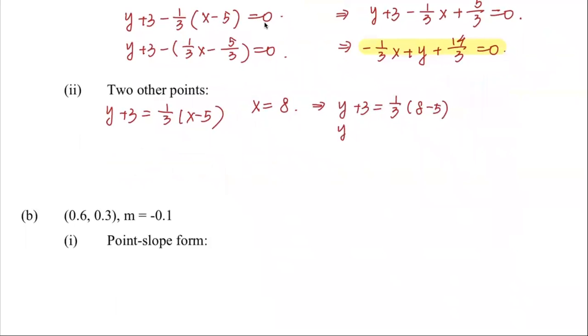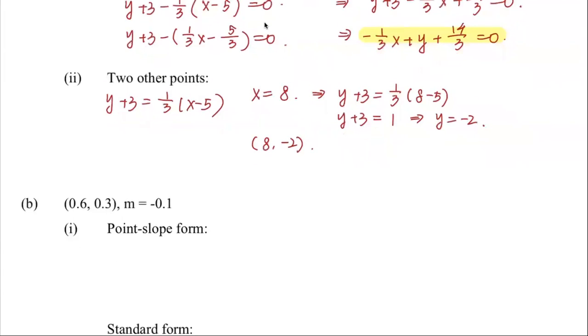So my y plus 3 is equal to 8 minus 5, that's 3. 3 times 1 over 3, that's 1. Right? So this means y is equal to minus 2. This means 8, minus 2 is on the straight line, theoretically, right? So this is the first point that we found, 8, minus 2.